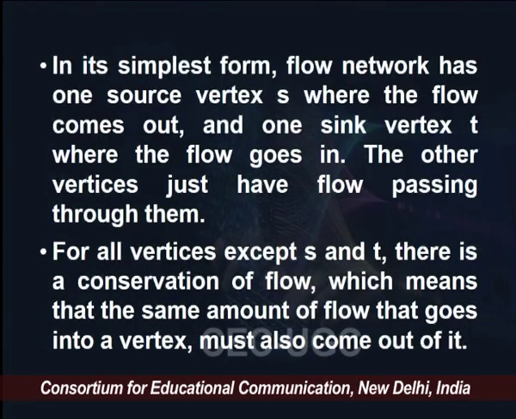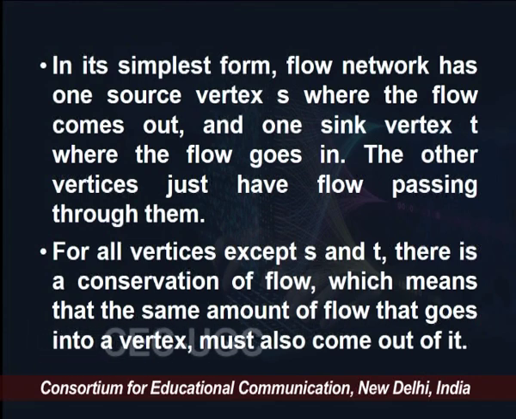Now if we talk about this problem of the flow network, in its simplest form, a flow network has one source S where the flow comes out. As I have already shown you in the example, there are no incoming edges on S. So whatever flow is present is going to come out.